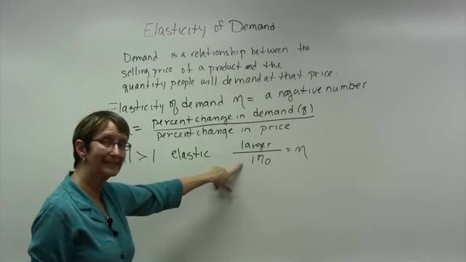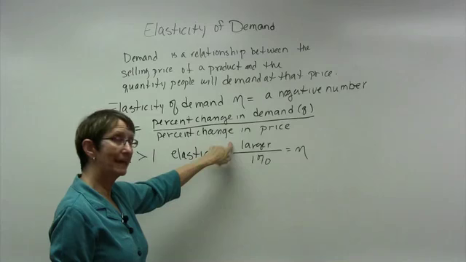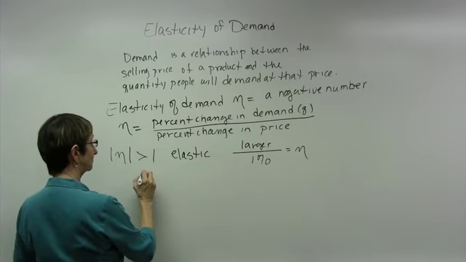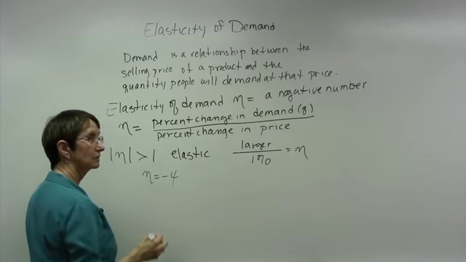But again, if price is increasing 1%, demand has to be decreasing. Say that eta is -4.